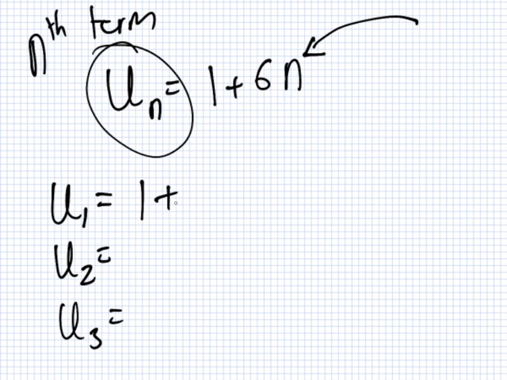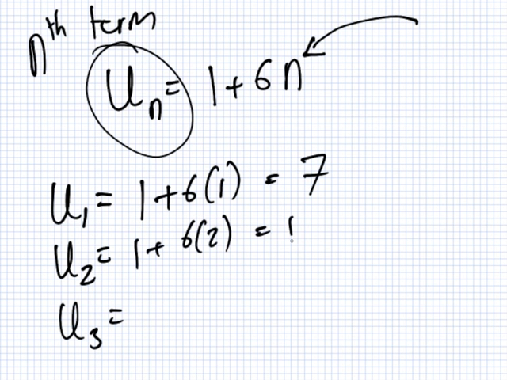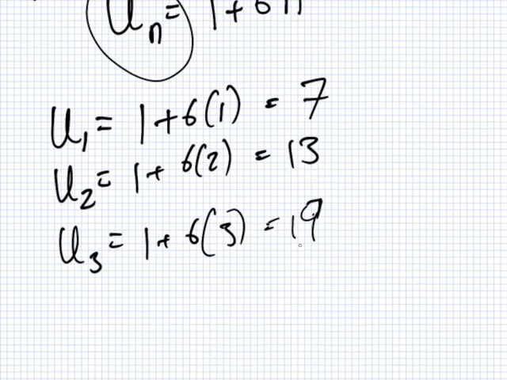So here will be 1 plus 6 times 1, which is 7. 1 plus 6 times 2, which is 13. 1 plus 6 times 3, which is 19. So the advantage here is you could jump to any term that you want. So for example, if I said the 100th term, what would that be?